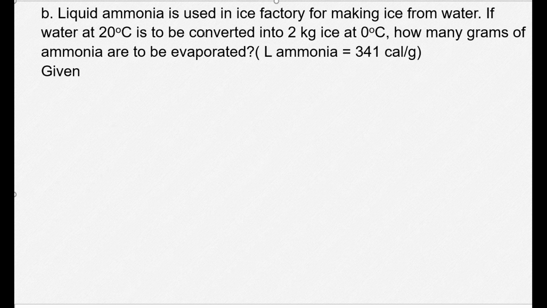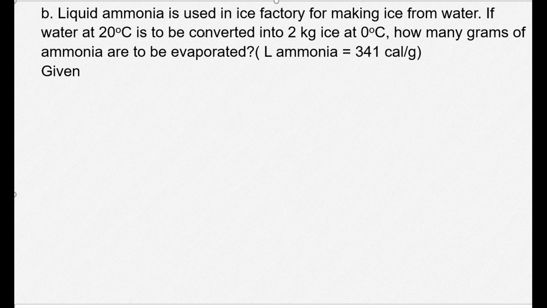So two processes are taking place here. First, water at 20 degrees Celsius should get converted to water at 0 degrees Celsius. Second, water at 0 degrees Celsius will get converted to ice at 0 degrees Celsius. During this process, water will release heat.